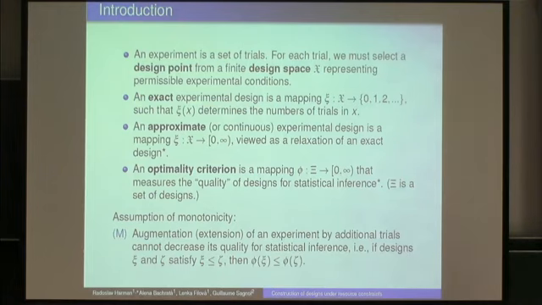We will also use a little bit an approximate, sometimes called continuous, experimental design. And here, this is not normalized. It's not as usual. We assume it just to be a relaxation of an exact design as defined before. But in some instances, it's not the proper thing to do to consider normalized designs, especially in cases like this, when we do not know in advance what will be the number of trials.